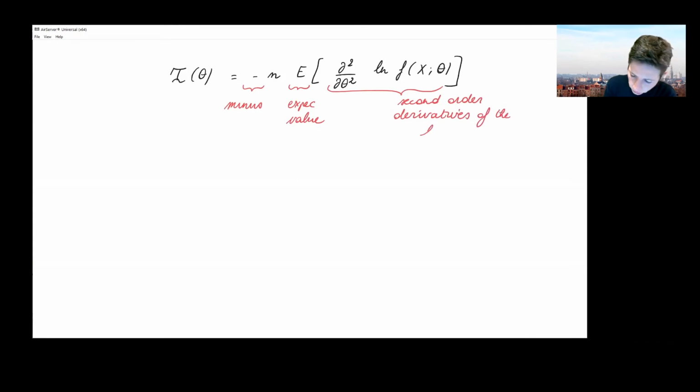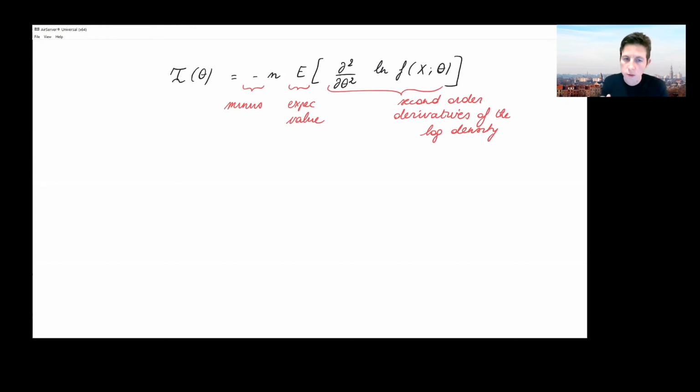Or in this case of the log density, because I'm assuming that if I have an IID assumption, then my log likelihood reduces to n times the logarithm of the density under consideration.